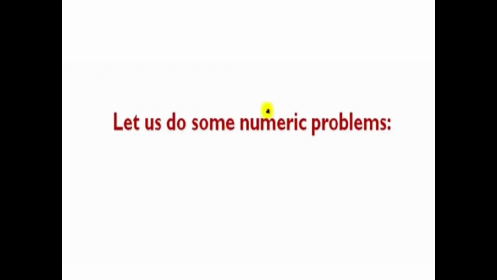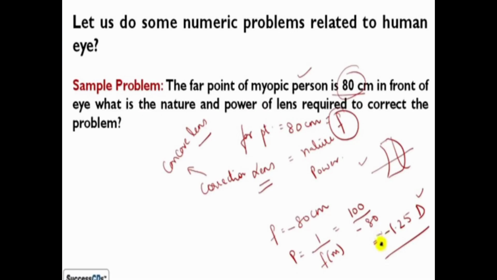Okay, now let us do some numerical problems related to this. First, the far point of a myopic person is 80 centimeter in front of the eye. What is the nature and power of lens required to correct the problem? So, the far point of the myopic person is 80 centimeter, which means we are given the far point, and that is our focal length.